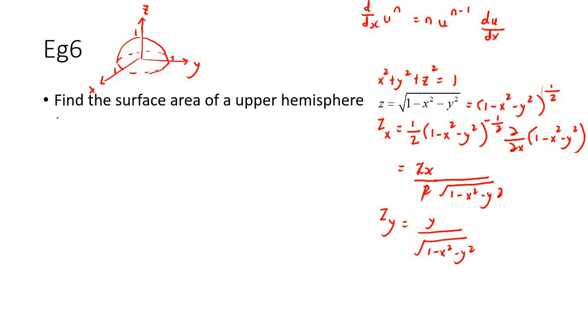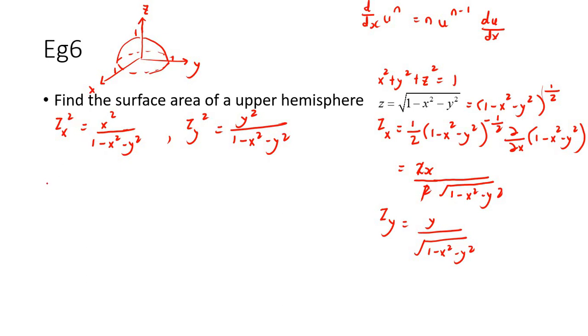Okay, and then when you square your zx, we have x squared over 1 minus x squared minus y squared. Okay, zy squared, squaring this one, we have y squared over 1 minus x squared minus y squared. Squaring cancels the square root.